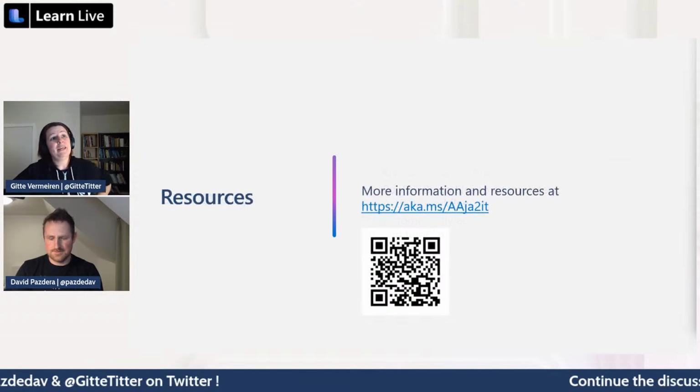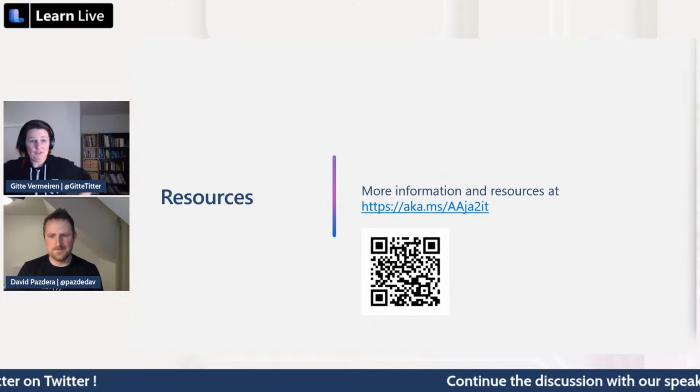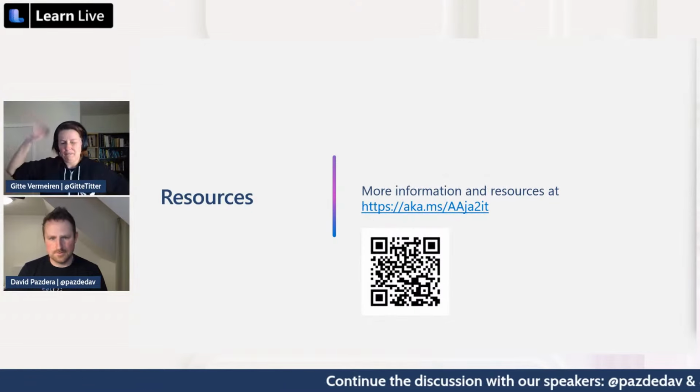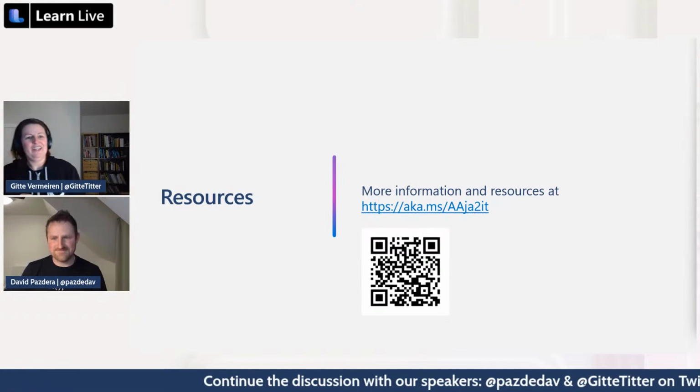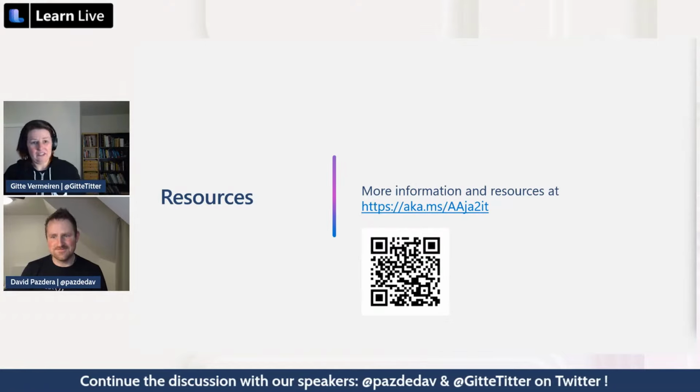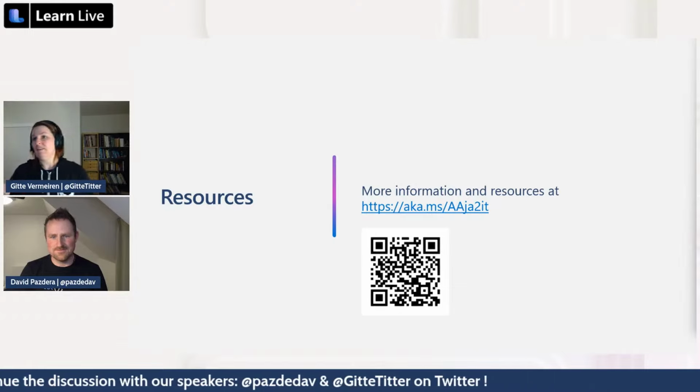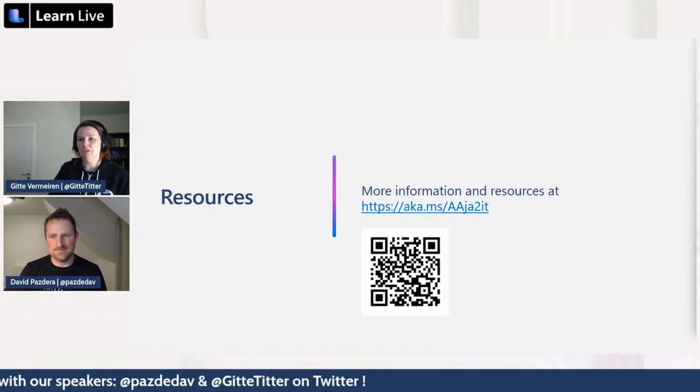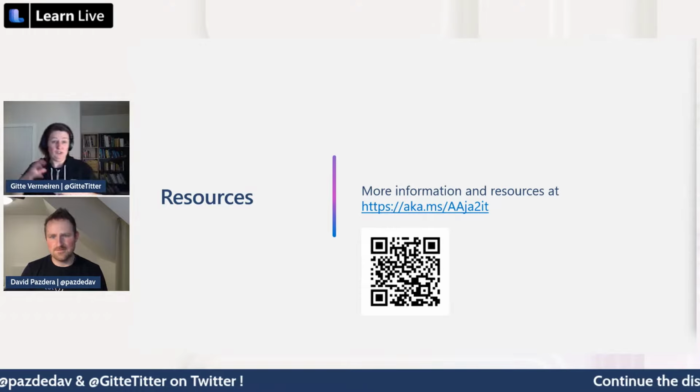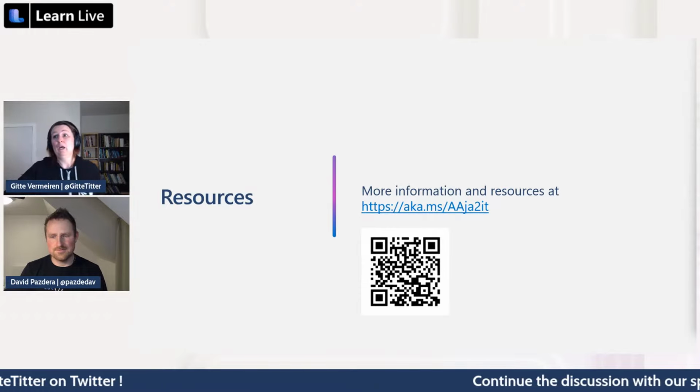In case you want extra resources, all the way at the end of the Learn session you can find extra resources. They talk about things like semantic versioning, the principle of least privilege, and so on. So there you find extra goodies.